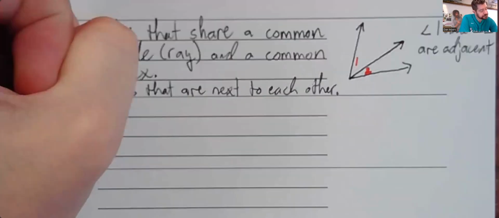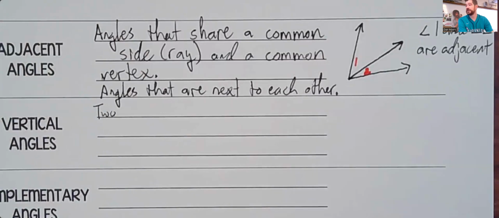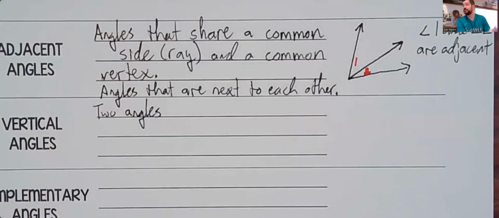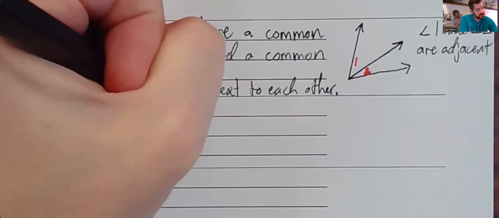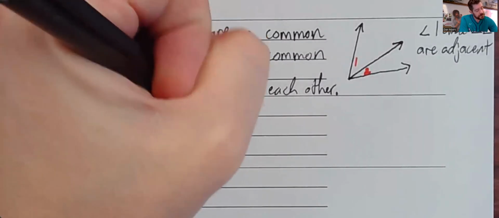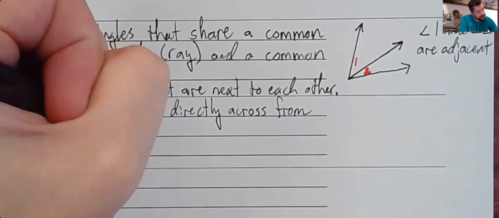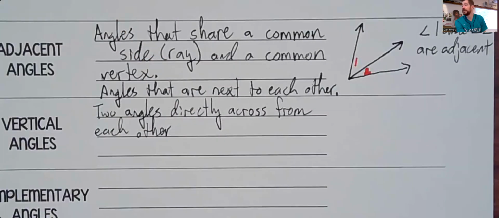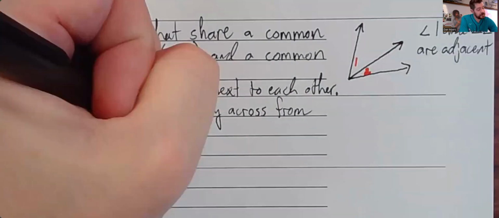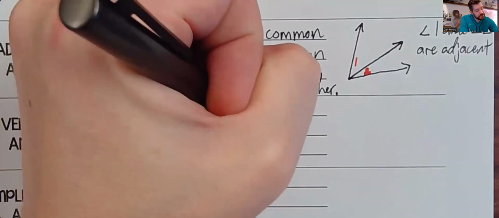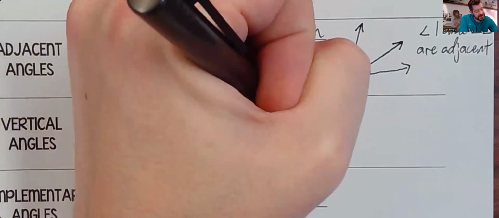2 angles directly across from each other on intersecting lines.